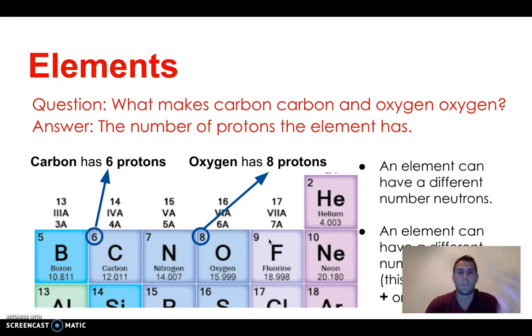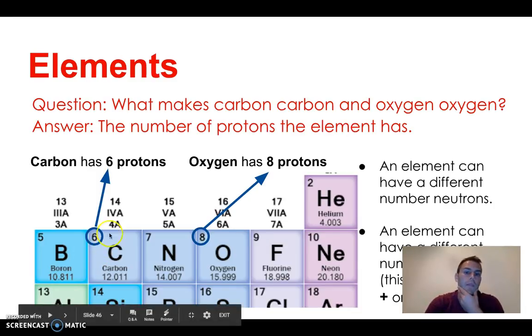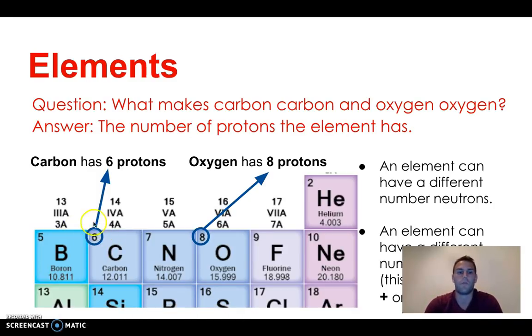So what makes a carbon atom different from an oxygen atom, especially if they're all made of the same stuff, protons, neutrons, and electrons? It turns out it's just based on the number of protons. On the periodic table, there's a lot of information, but all you need to worry about is the number at the top left corner. For instance, carbon has 6, which means a carbon atom has 6 protons.